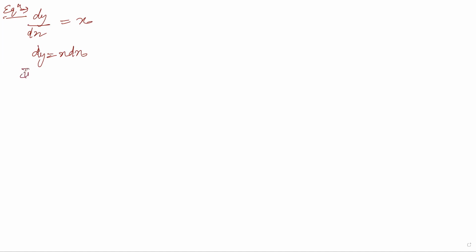If you integrate both sides, this will look like integral of dy is equals to integral of x dx, right? Now what is the integration of dy? Basically, this is 1 into dy. So integration of 1 with respect to y will be y. And the integration of x with respect to dx is x square by 2, plus c, right?